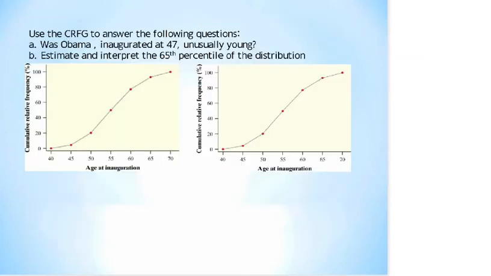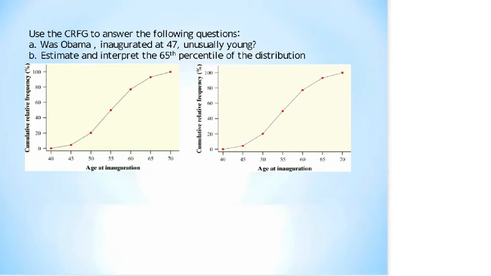So here, we want to use the CRFG to answer a couple of questions, and we can do this just by looking at our graph. So we want to start off to say, okay, was Obama, who was inaugurated at the age of 47, unusually young? Well, the nice thing is that we can just use the graph. Let's have purple.